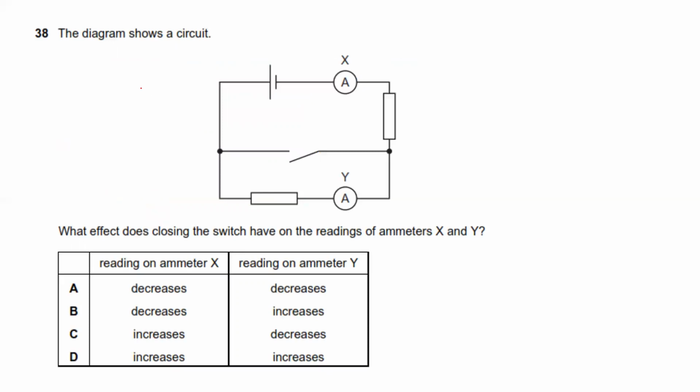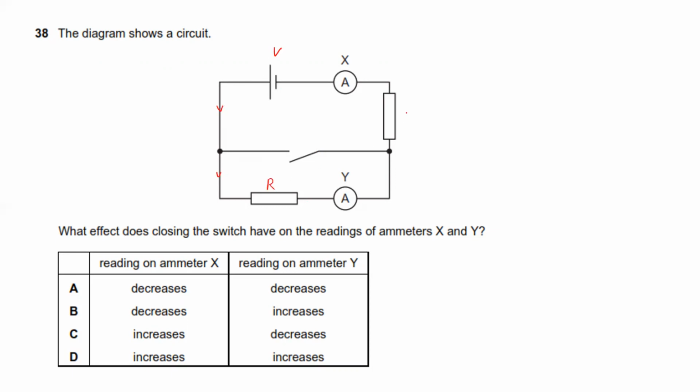Next question, question 38. It says the diagram shows a circuit. So we are shown a circuit diagram. What is the effect on closing the switch on the readings of ammeters X and Y? So initially this circuit is like this. Current I is flowing.